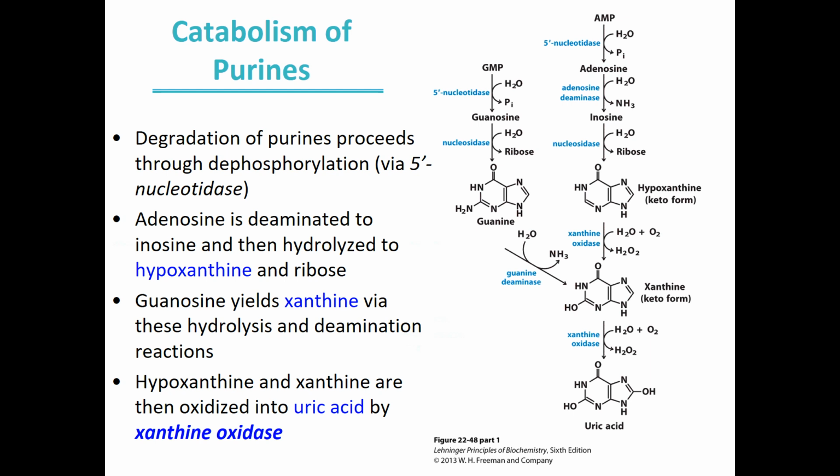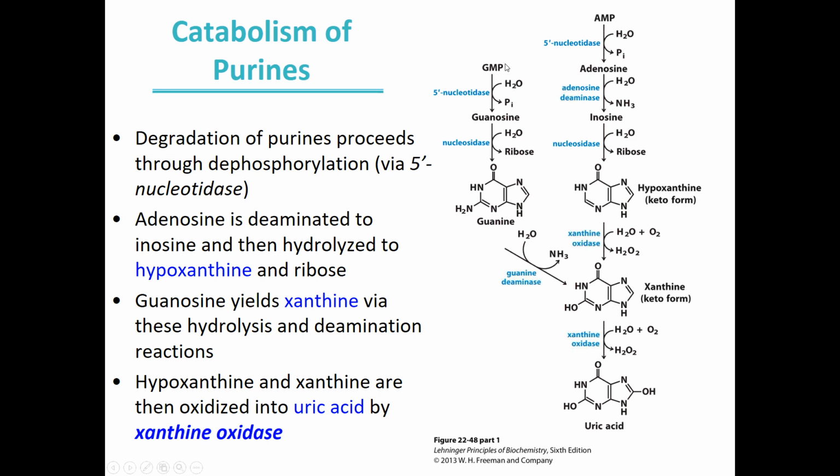Now there are times when we end up with purines that we need to dispose of, and our bodies are capable of breaking down purine. But remember, this is not to produce energy. When purines are broken down, we see more of a convergence now, where the AMP first loses a phosphate, then is deaminated to inosine, we lose the sugar to form hypoxanthine and ultimately xanthine.